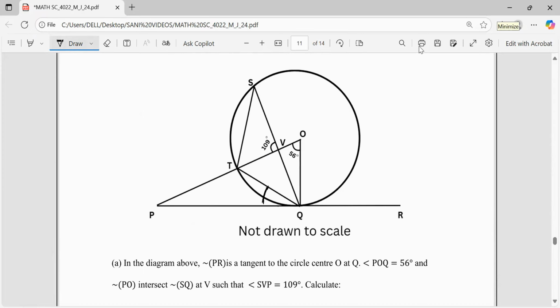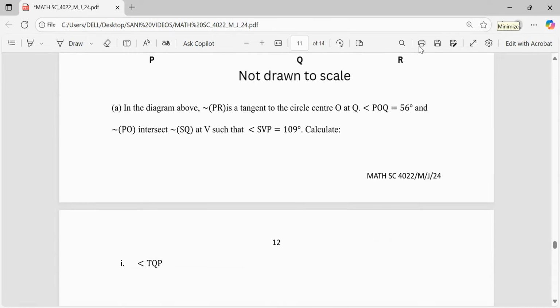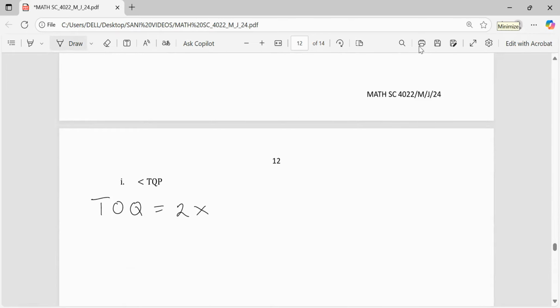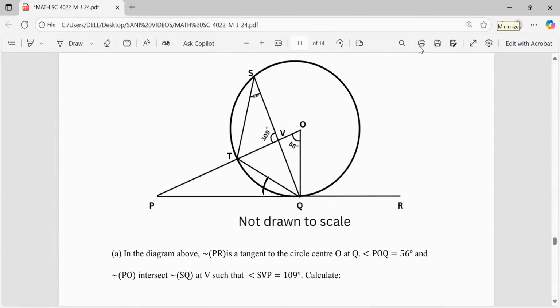So the first thing, we can get our TSQ. We can get TSQ, that's angle at center is 2 times angle at circumference. So the angle at center here is angle TOQ. Angle TOQ equals 2 times TSQ.